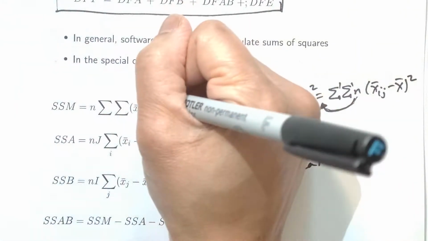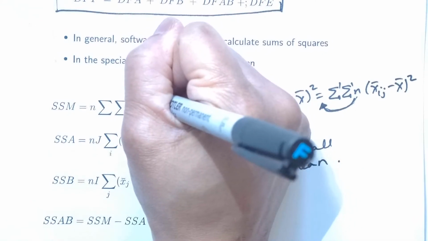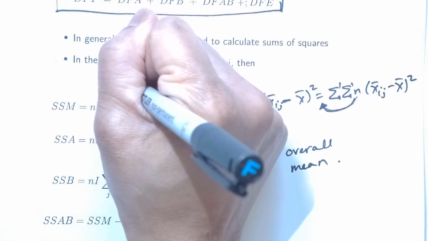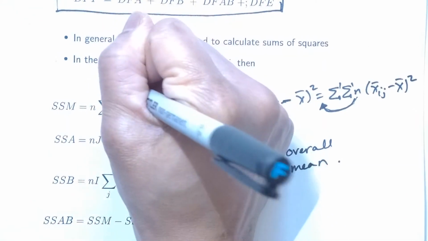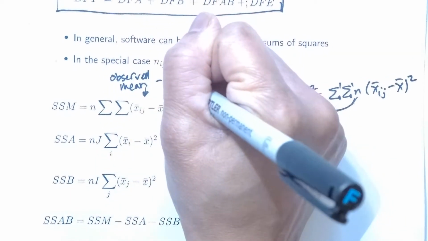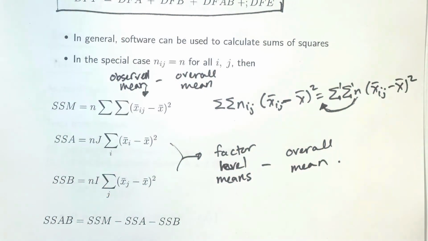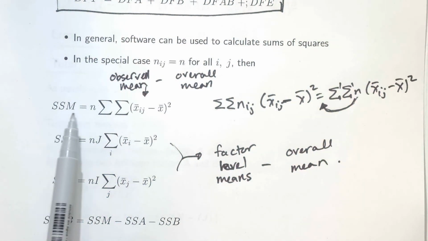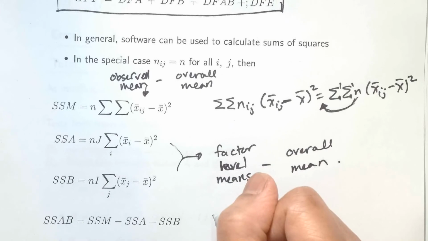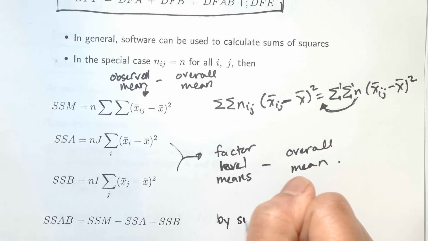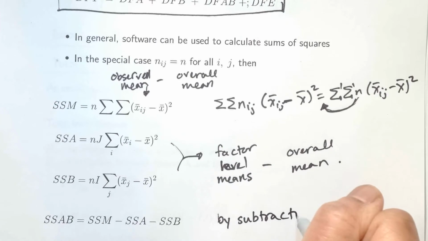And this one up here, we just have the observed mean minus the overall mean. If we have the sum of squares model, this is usually easier to compute than looking at the formula for the interactions. So we can calculate the sum of squares for interaction by subtraction.